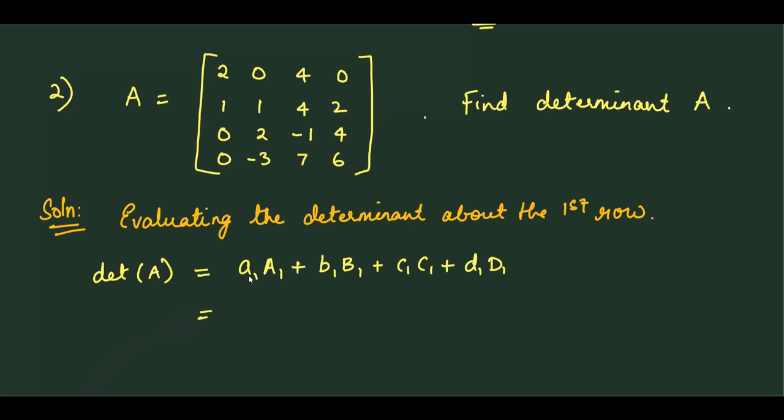Now the first row. So first row, first column: 2 times the determinant of its cofactor.